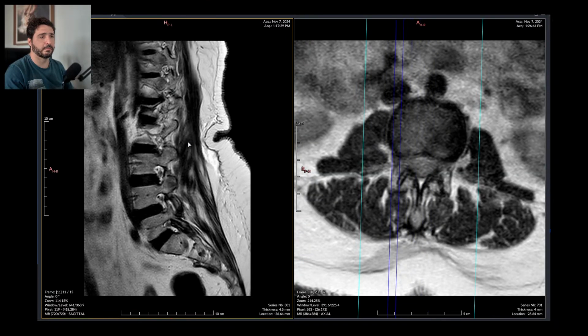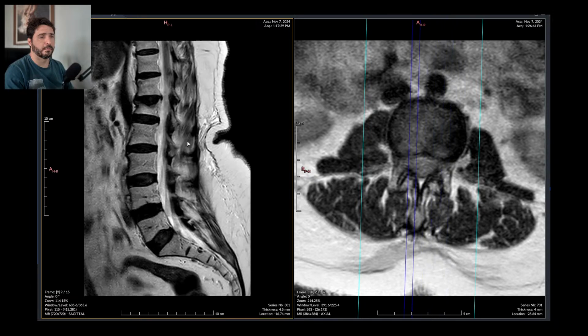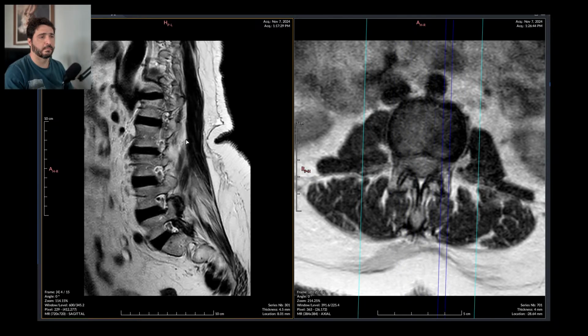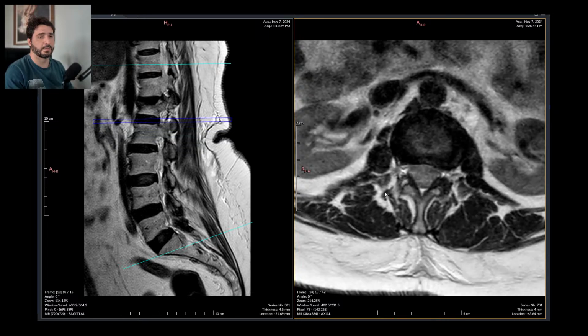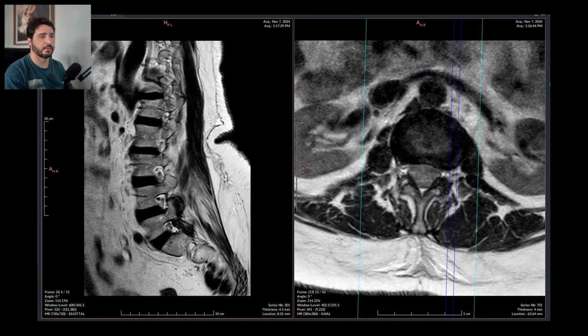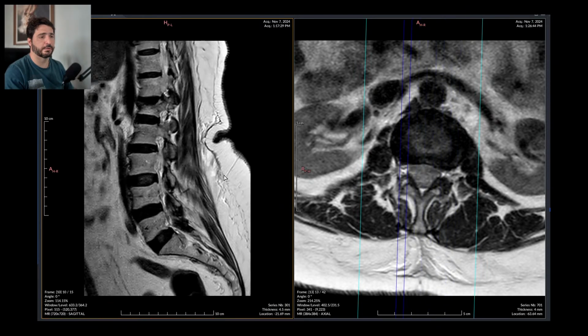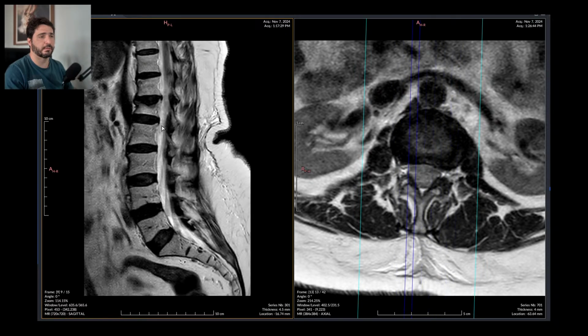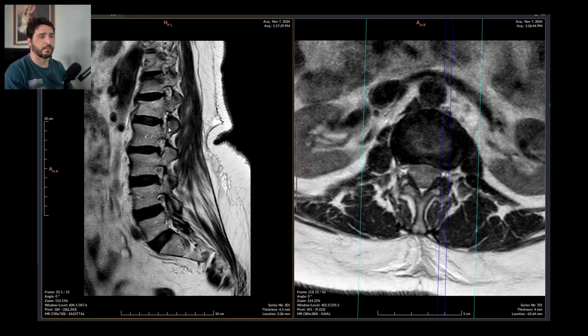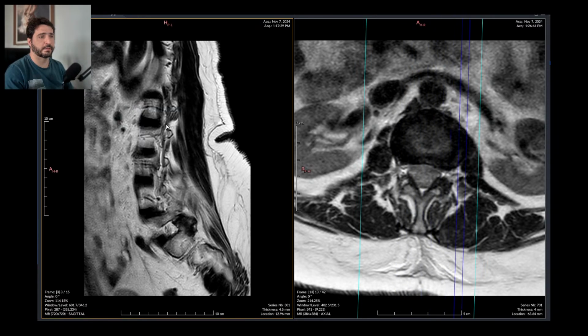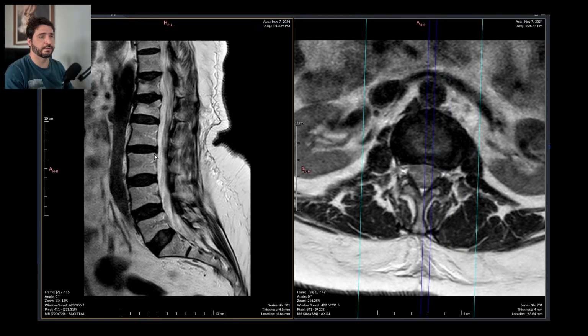Maybe, I don't know. This isn't really an easy call because it's too crooked to be sure, but I'm going to call this central, paracentral foraminal to the left.